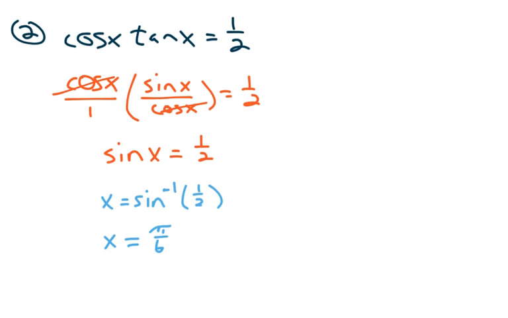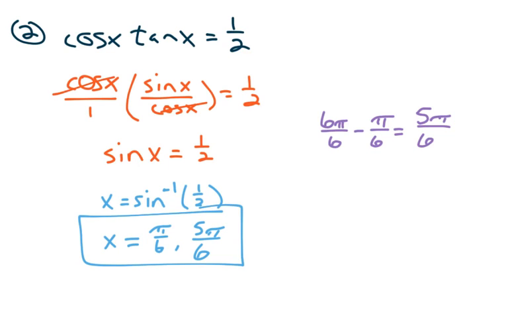So we need to go pi over 6 radians into quadrant 2. So we can say 6 pi over 6, because that's 1 pi, that's 180 degrees, minus our 1 pi over 6, so that would be 5 pi over 6. So our second solution here is 5 pi over 6. So 2 answers for this second equation.